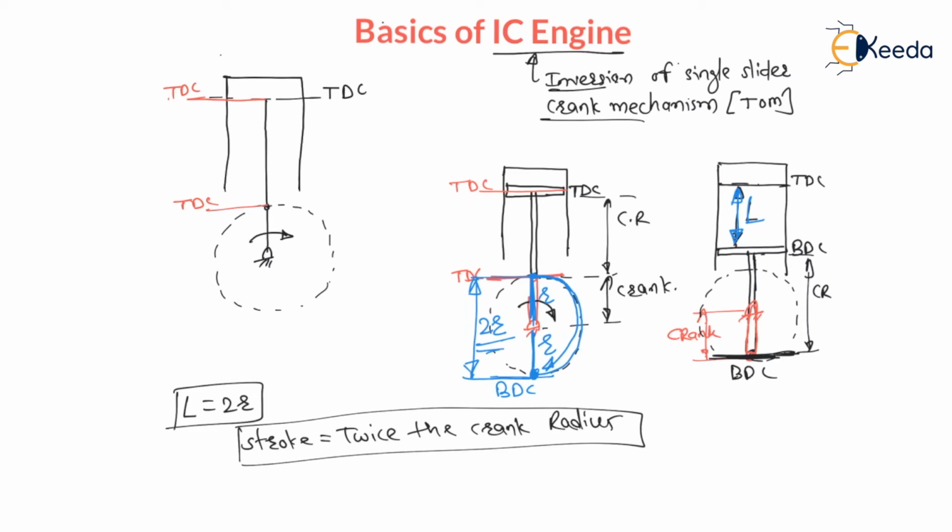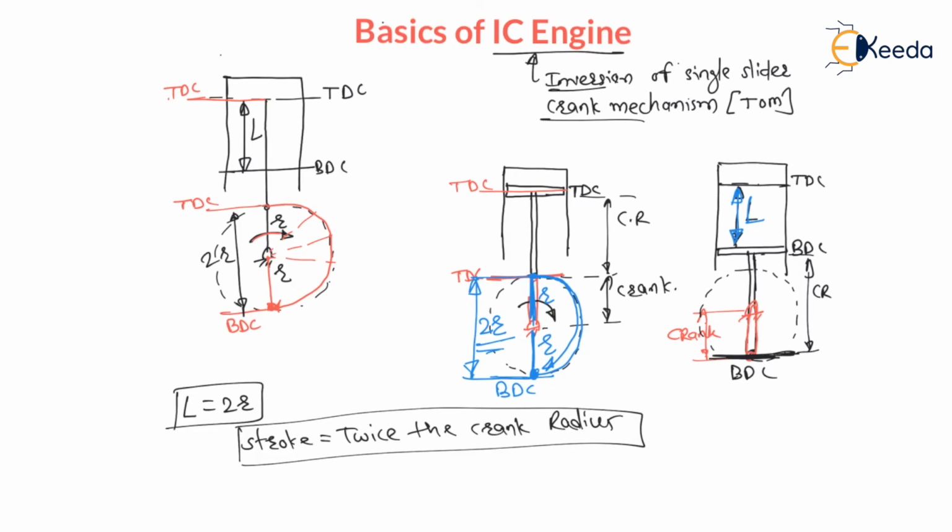Now whenever this crank rotates from top dead center to bottom dead center, it will achieve new positions like this, and it will come to this bottom dead center, BDC. Then the piston will again come to the other extreme position, that is BDC. Means when this crank covers r plus r, this 2r distance, then the piston will cover the stroke distance, which is nothing but L. Therefore we can say L is equal to 2r, that is, stroke is equal to twice the crank radius.